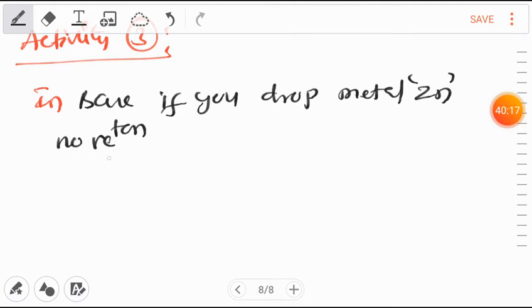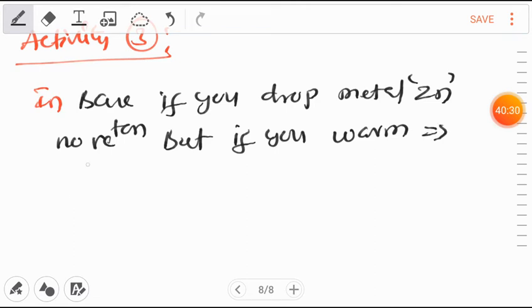But if you warm it, it again releases H2 gas.